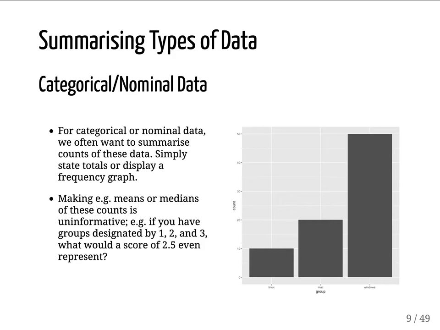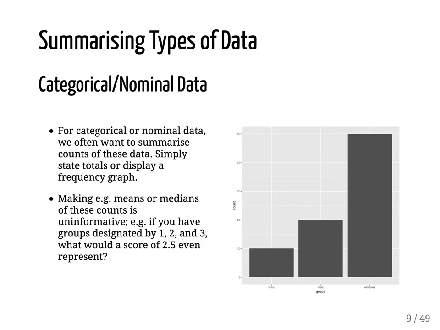Now, very clearly here, you can see visually what the pattern is of the data. This makes a lot of sense when we're just counting things up, because if people belong to this group, so you belong to Linux or Mac or Windows as your operating system, all I can really report there is the count, so how many people fell into each group here.